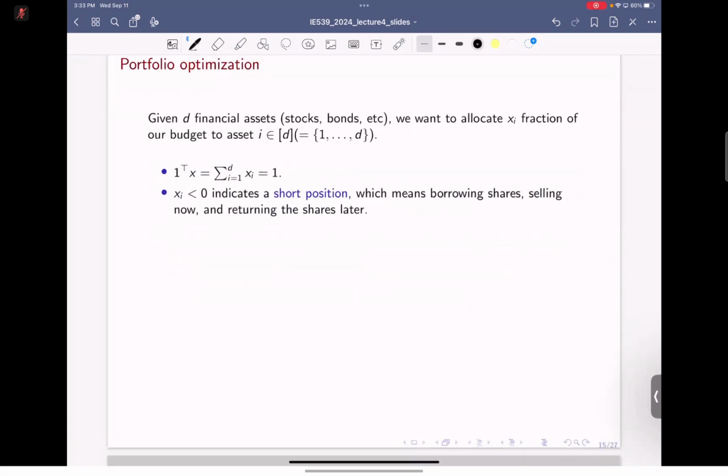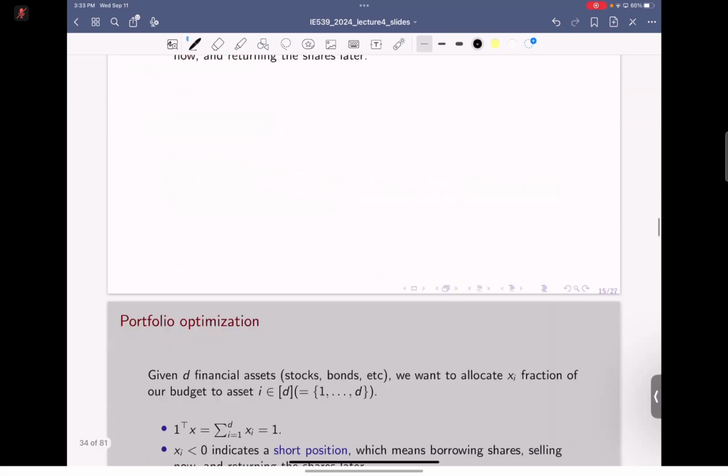So each x_i means the fraction of my budget allocated or invested to this financial product i. And in fact, it can be a negative number if you take a short position.